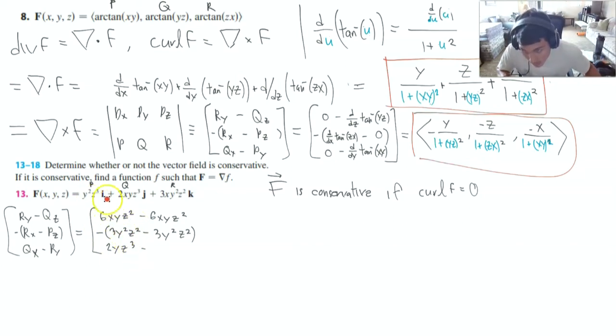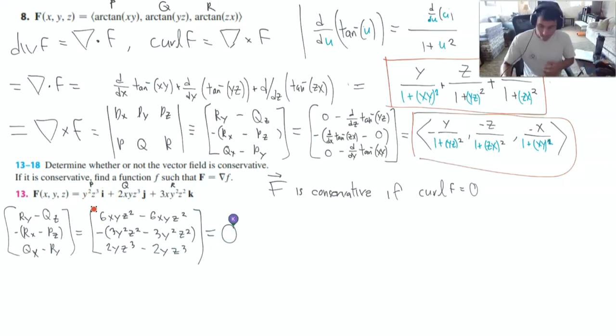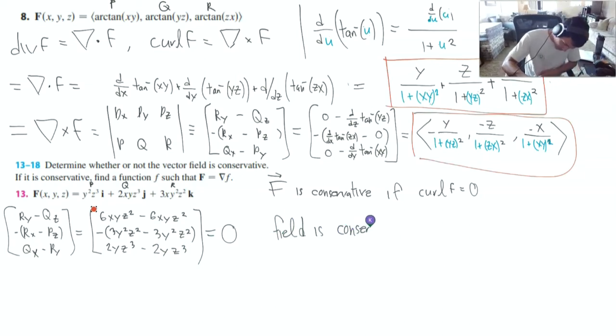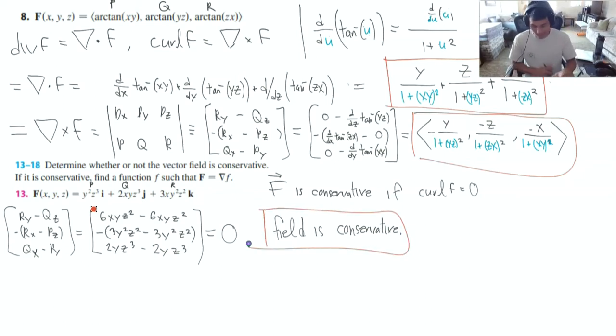P with respect to y is going to be 2yz cubed. Okay, so everything cancels. It's equal to 0. And the field is conservative. I don't know if I spelled conservative correctly. It doesn't matter. Often I believe in spelling things wrong.